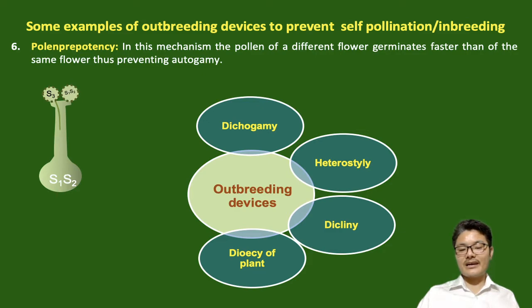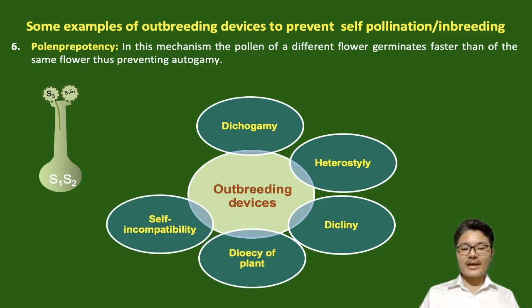And then the fourth one is dioecy, presence of male plant and female plant having their own pistillate and staminate flower. And fifth one is self-incompatibility, which is not allowing self-pollen to germinate and allowing foreign or external pollen grains to germinate.